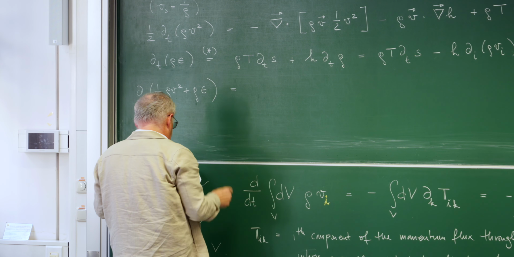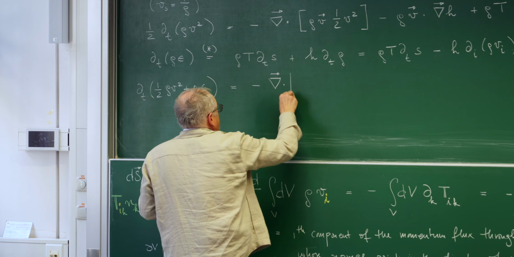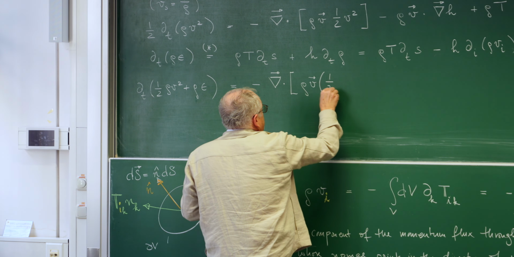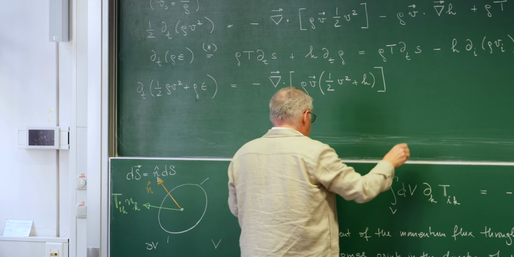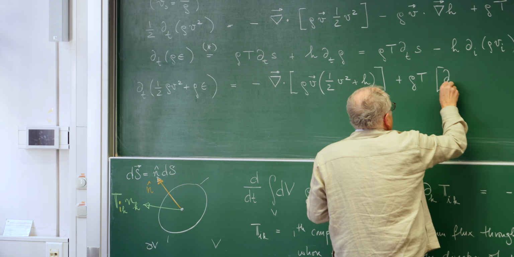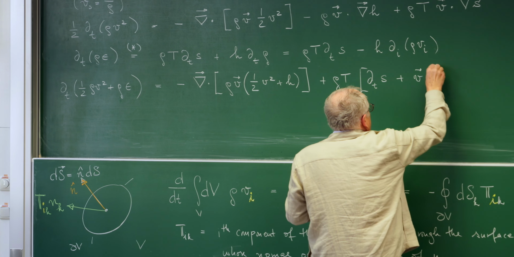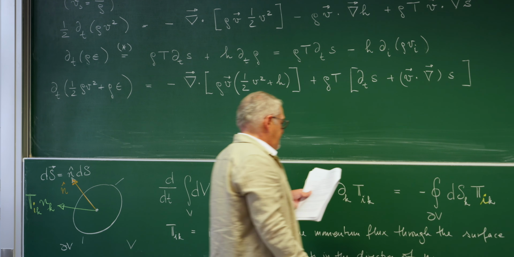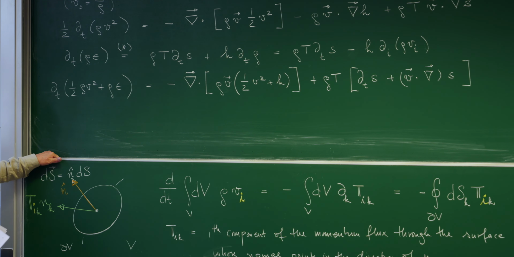Then you get that this is equal to minus the divergence of rho v times a half v squared plus h, plus rho T times dt entropy plus the convective derivative of the entropy. Okay, and now we have arrived at an equation where we can discuss it again.